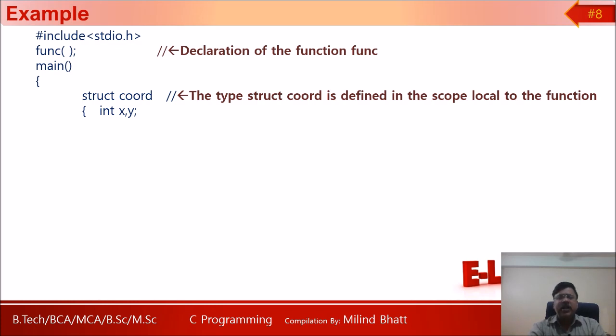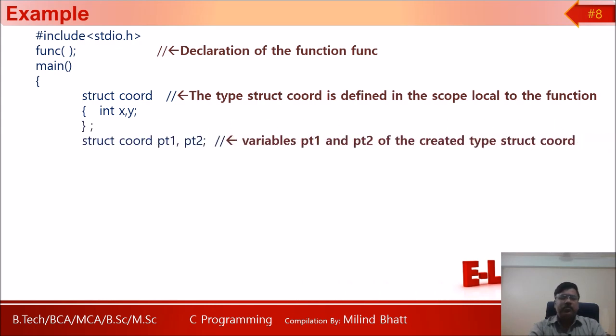So I have mentioned it as coord. Struct coord having two members, which are x and y, and I am closing it. Now create two variables of this structure, struct coord point1 and point2. These point1 and point2 are of the created type struct coordinate.